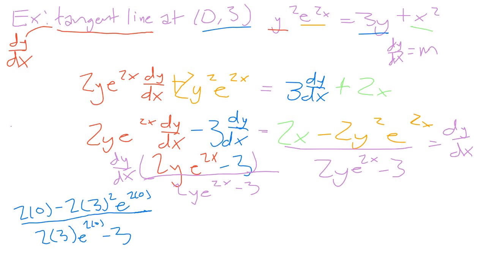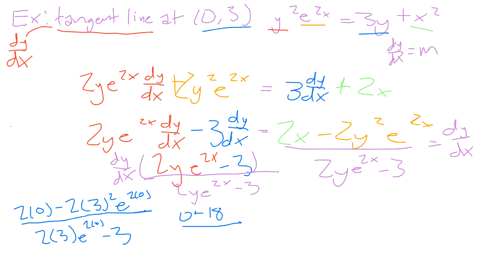This leaves us with 0 minus, 2 times 3 squared is 2 times 9, so 18, times e to the 2 times 0, which is e to the 0, which is 1, so this is just an 18.